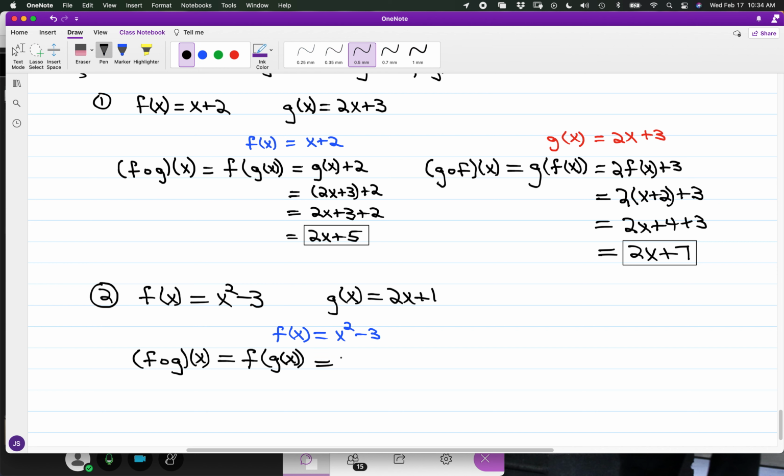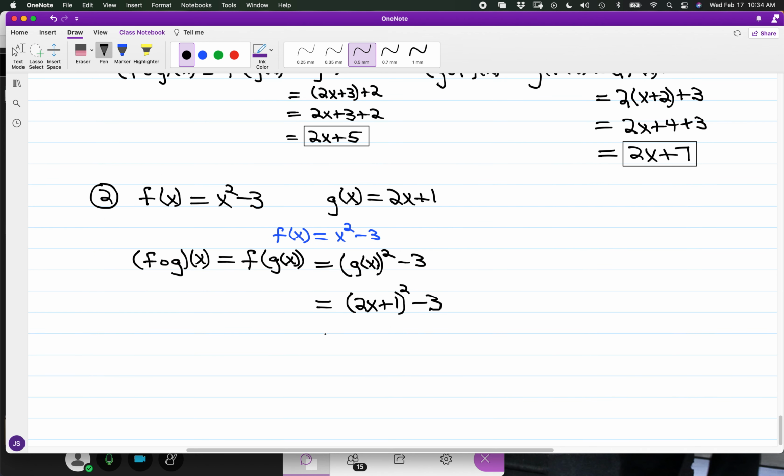So you're looking at, in effect, g of x squared minus 3. And what is g of x specifically? Well, we got 2x plus 1. For the square of 2x plus 1, we've got 2x plus 1 times itself.